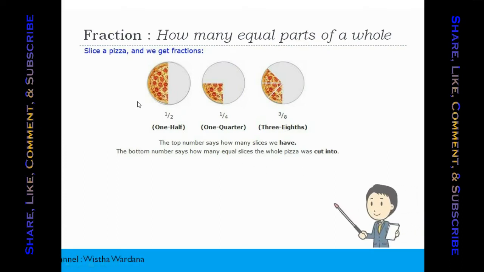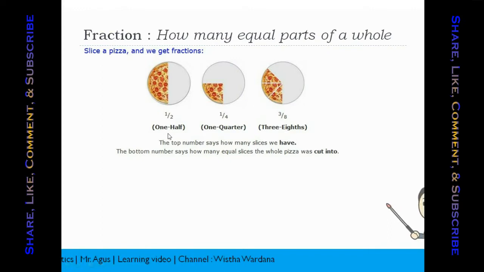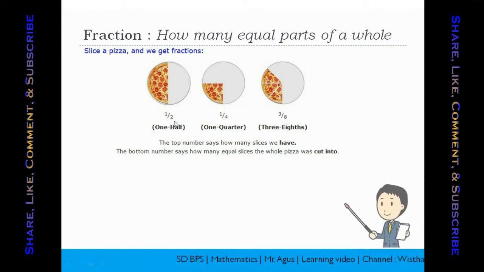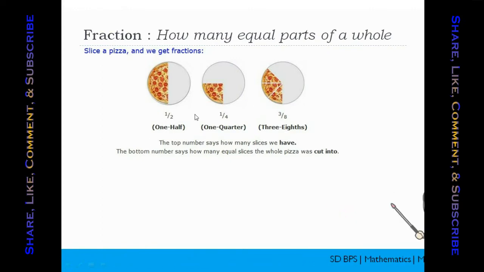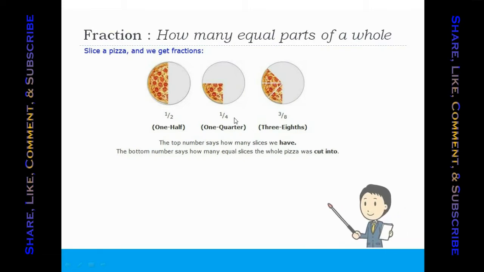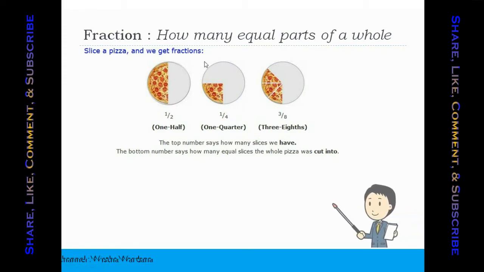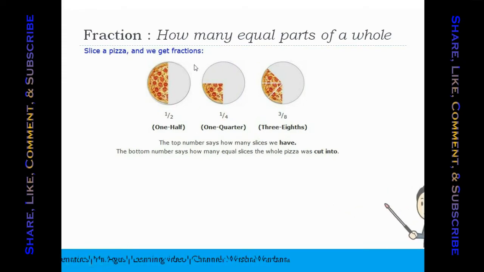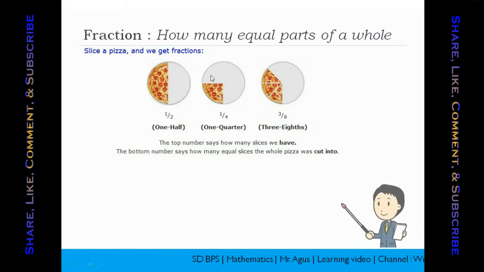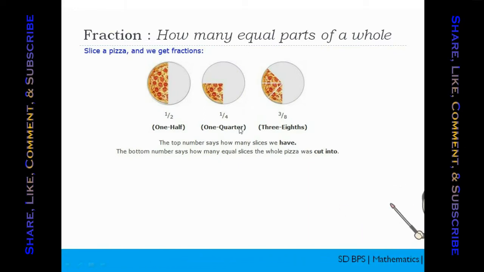In the first figure, the bottom number is 2. In the second figure, the bottom number is 4. It means the second figure is one pizza cut into 4 equal parts.